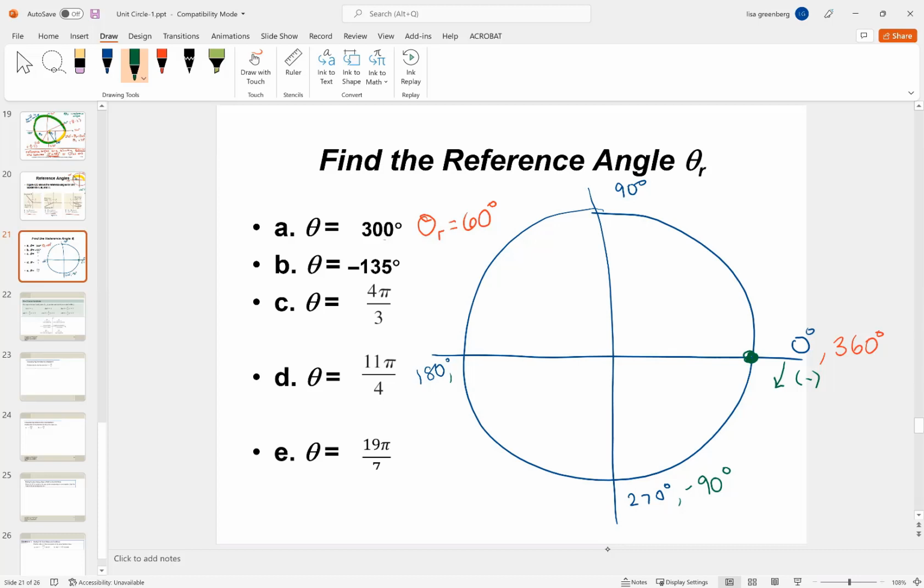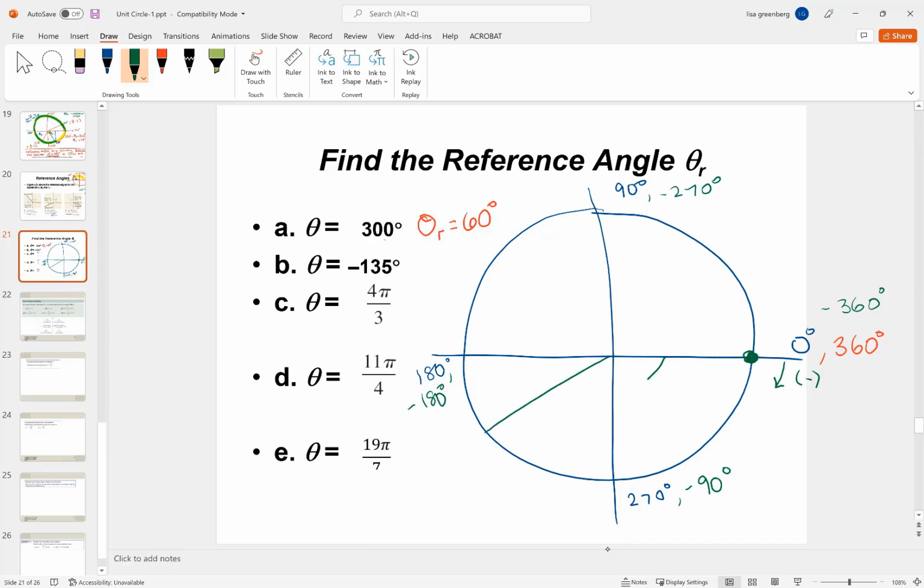This would be the same as negative 180 degrees. And this would be the same as negative 270 degrees. And again, we can say this is the same as negative 360 degrees. It doesn't matter, right? If I want to go negative 135 degrees, what quadrant would I end up in? 3. I would end up in quadrant 3.